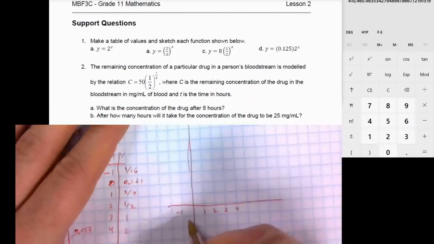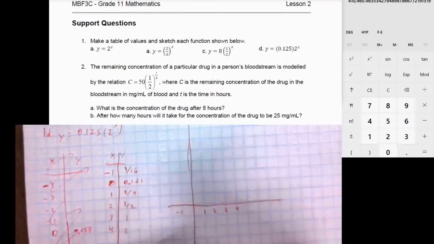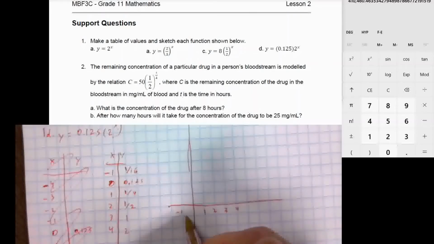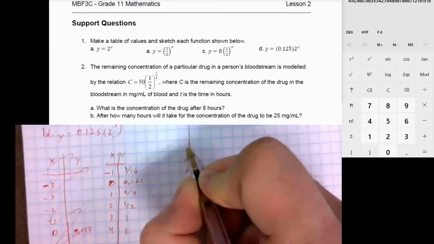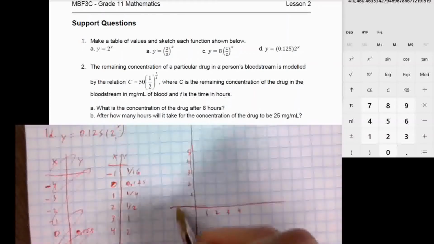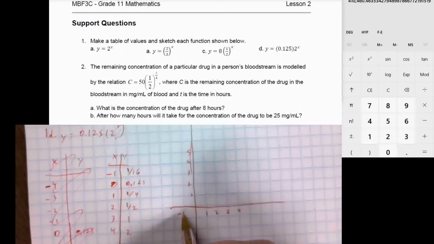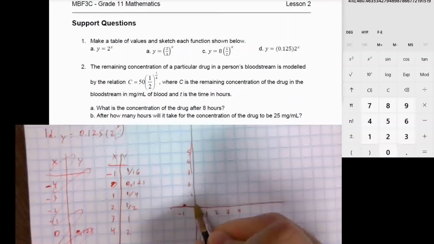And I'm going to make this, if this is 1, 2, 3, 4, 5. So in this case, it's going to be pretty small. At -1, I have to get 1/16. So that would be about here. And at 0, I'm going to be at 1/8, which would be about here.